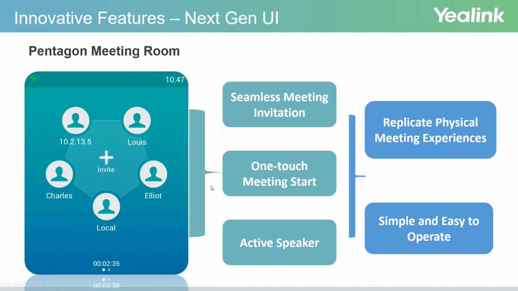Now, as the discussion works its way around, if there are foreign participants who need to interject something, there is active speaker technology within this layout to identify who and where is speaking. This is a pretty neat update.